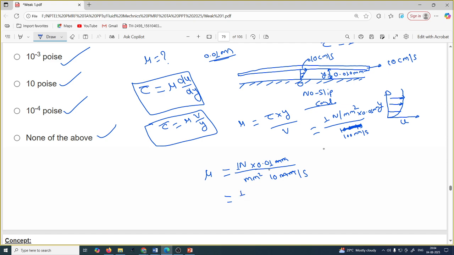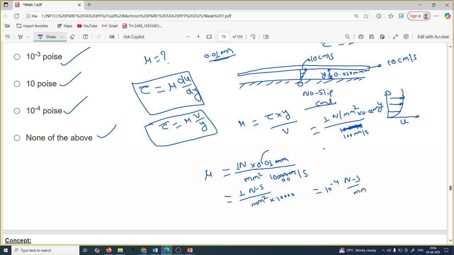So 1 and not 10, that is the 100. Once you remove this one, you will get another 20 here. So what? 1 Newton, second will go above, 1 Newton per mm square, and you have here 10 raised to minus 4 Newton second per meter square.